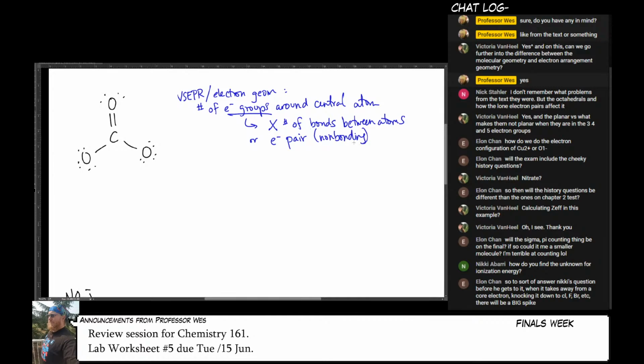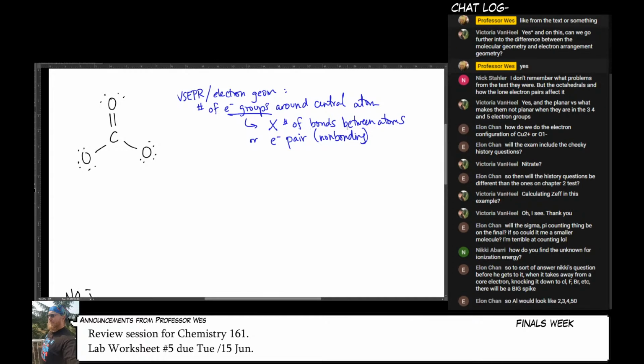So again, what that means is that either a single or a double bond would be an electron group. So on this carbonate right here, around the central atom, so C is my central atom, I have 1 electron group, 2 electron groups, 3 electron groups.